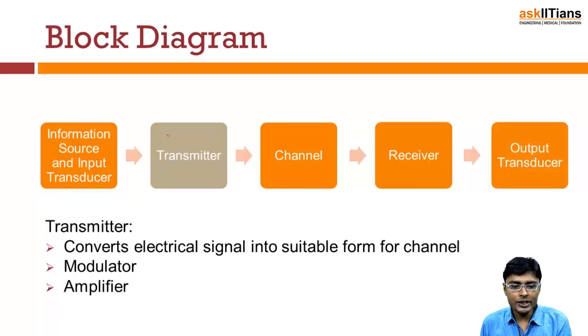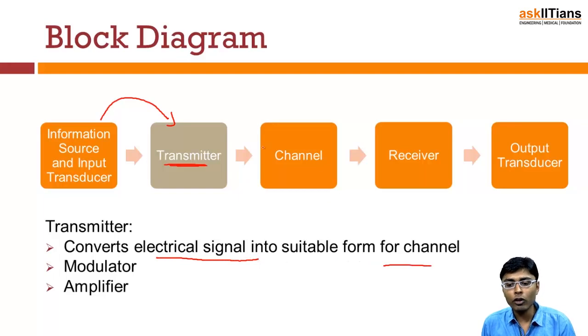Now let us see the transmitter. What is the purpose of the transmitter? The input transducer sends the electrical signal to the transmitter. This electrical signal is then converted into a form suitable for the channel. The information has to be passed through a channel, and there has to be some specification, because not all signals can be passed through a channel.